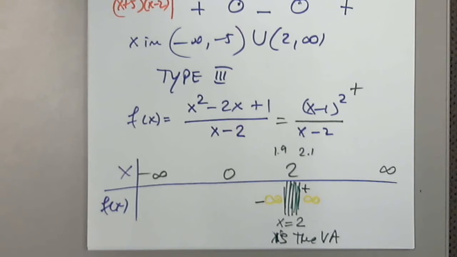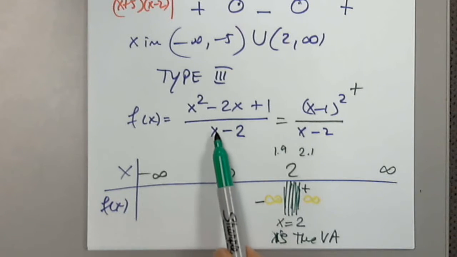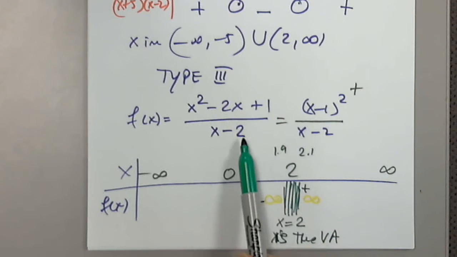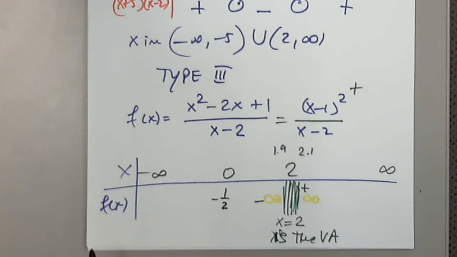So now I want the x and y intercepts. Let's plug in 0. This is easier here. 0, 0, 0. 1 at the top, -2 at the bottom. What do I put? Good. When is a fraction 0? Not when it's undefined.